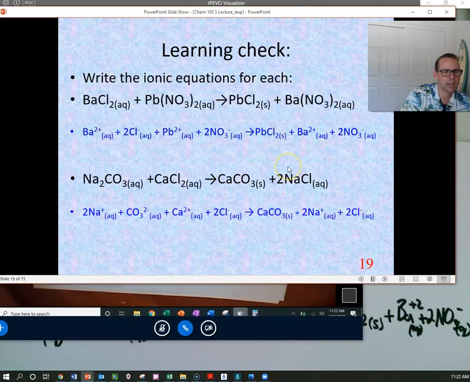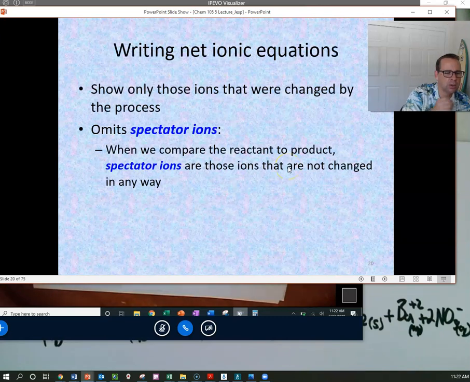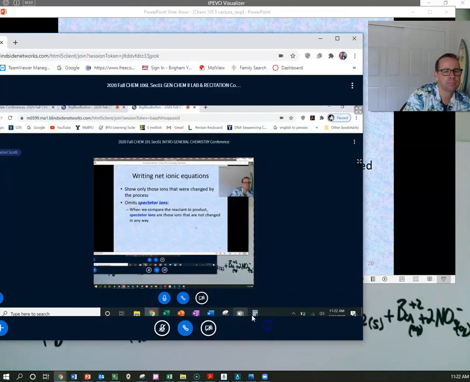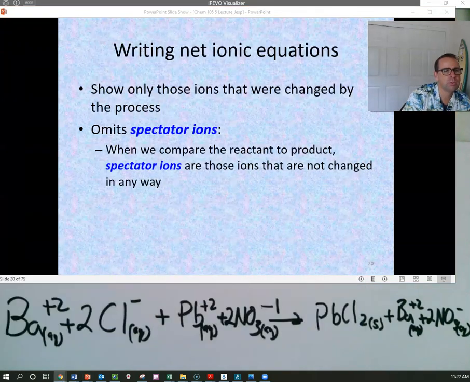Okay, let's go back and see what we need to do next, because the next step is to get rid of the spectator ions. How can you tell if something's a spectator ion?